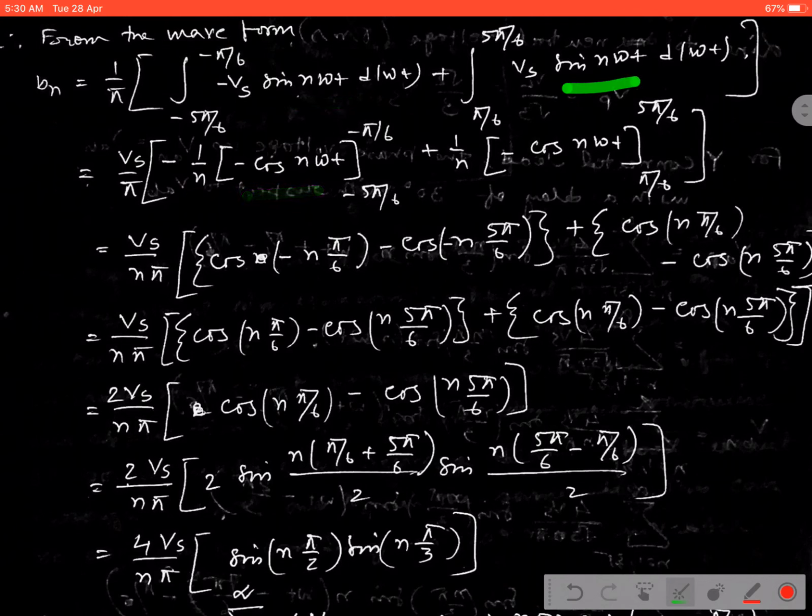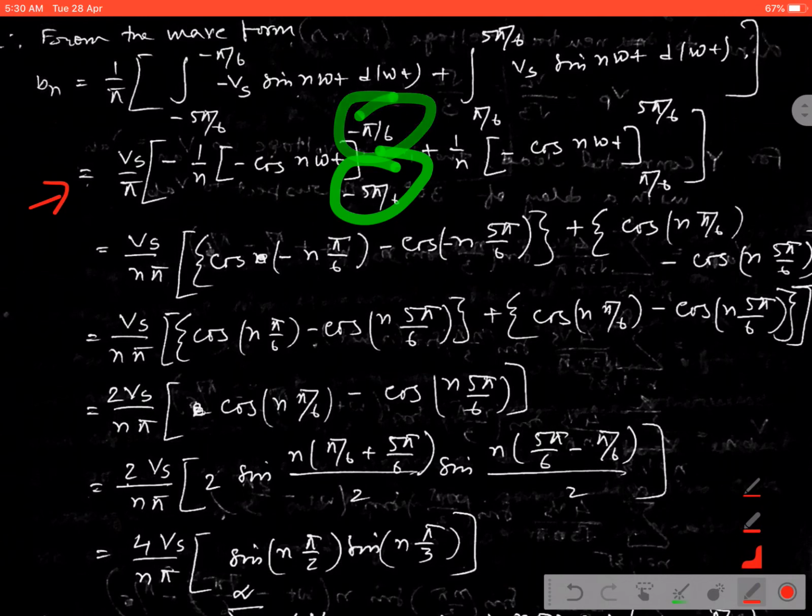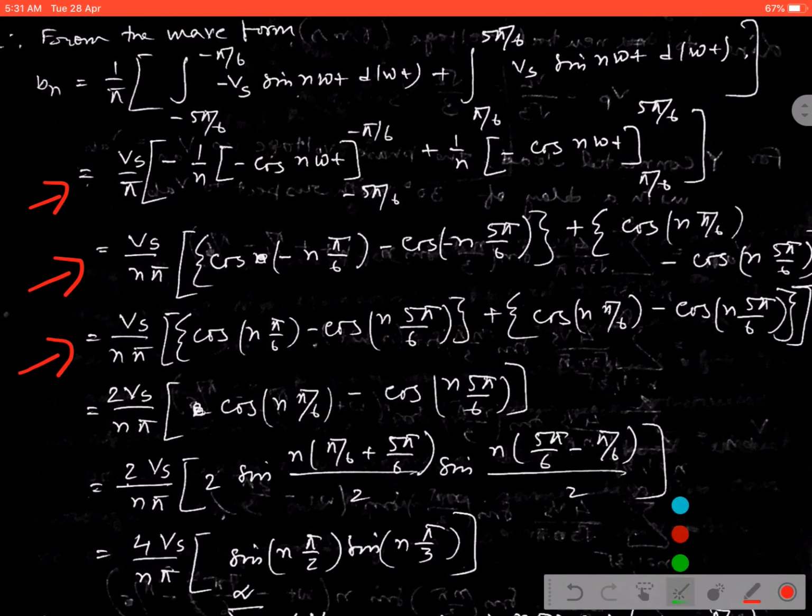It's a simple derivation part. After considering the upper limit and lower limit, and simplifying, we will get this result.